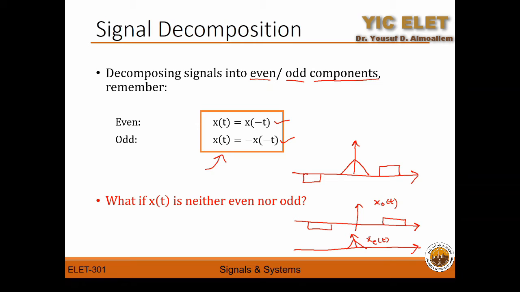If we sum up these two, we will get x of t. So now we can write that x of t will be equal to x odd of t plus x even of t.